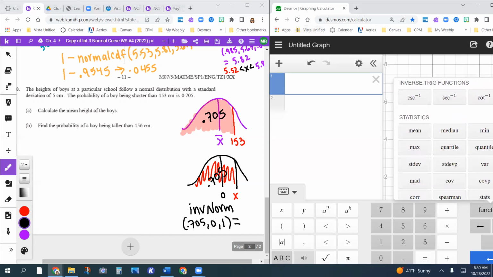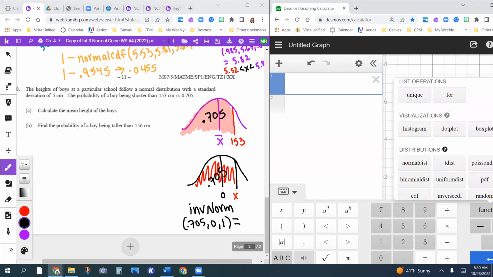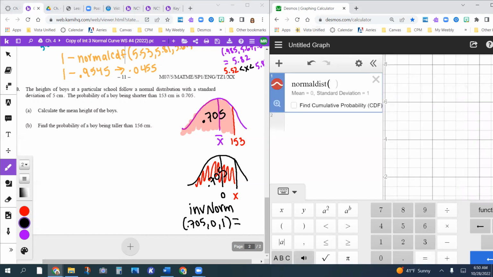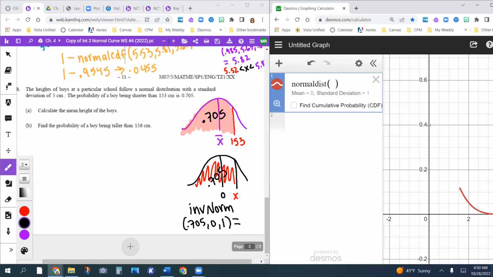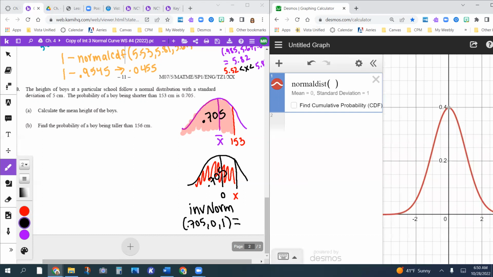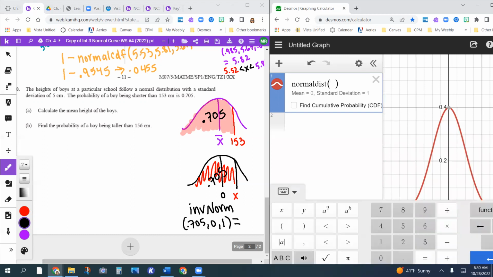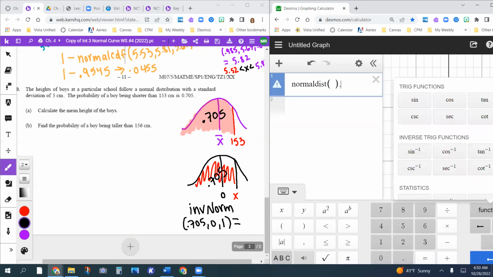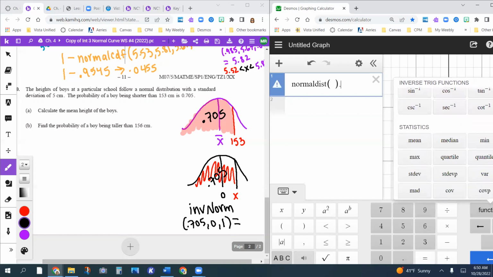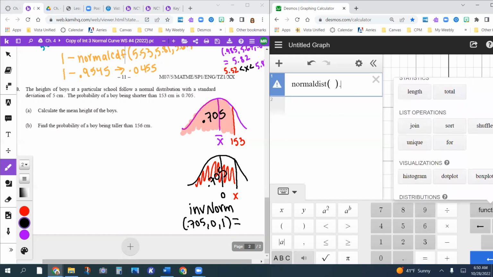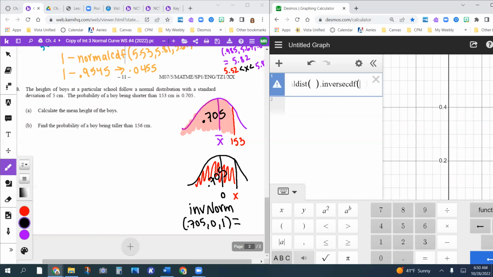Okay. So I'm going to go to a normal distribution. If I don't put anything in, it's normal. And I want to get the inverse CDF of 0.075.